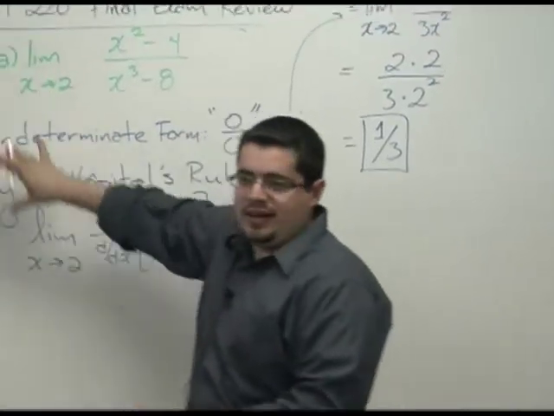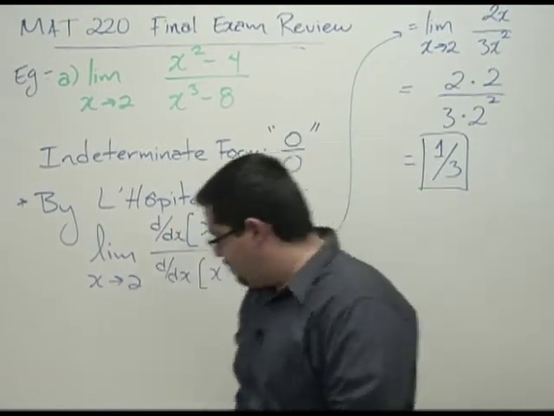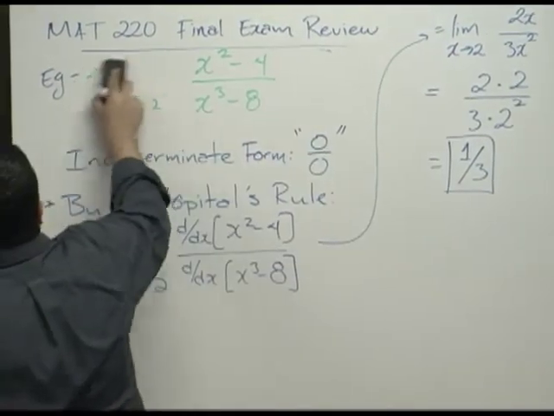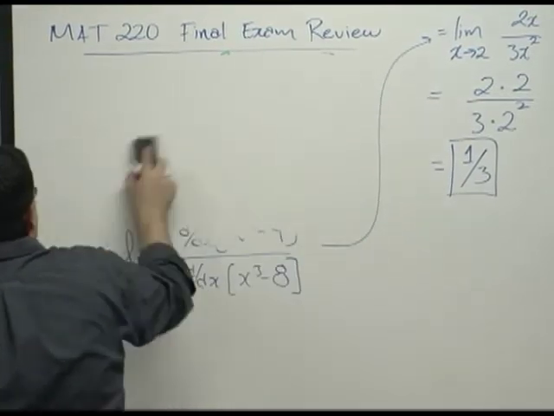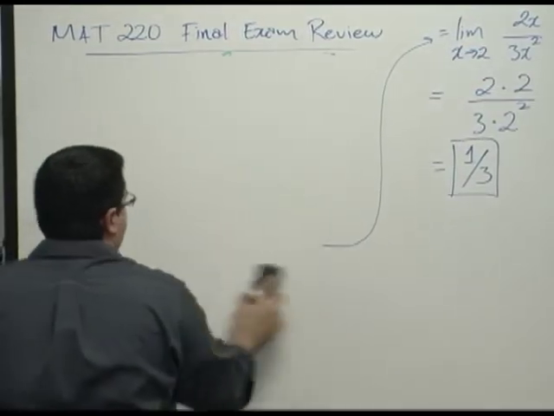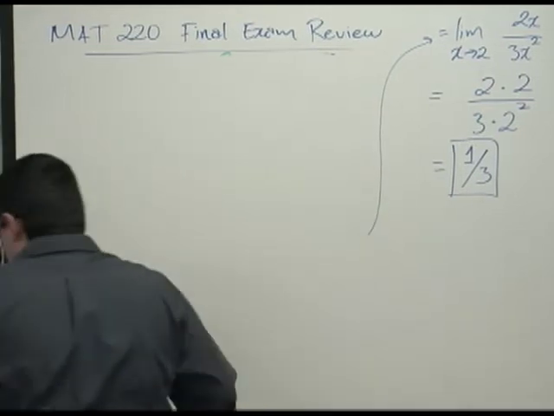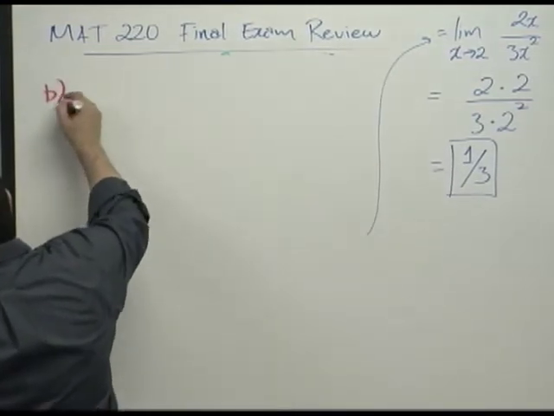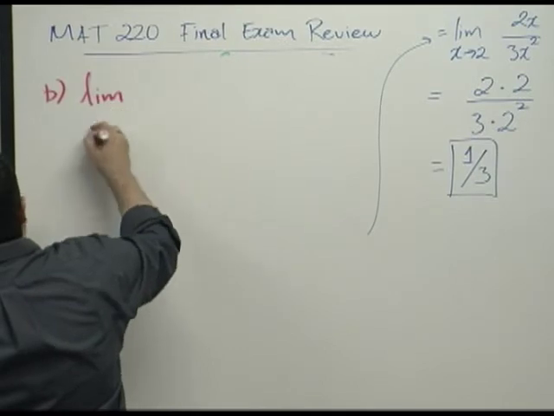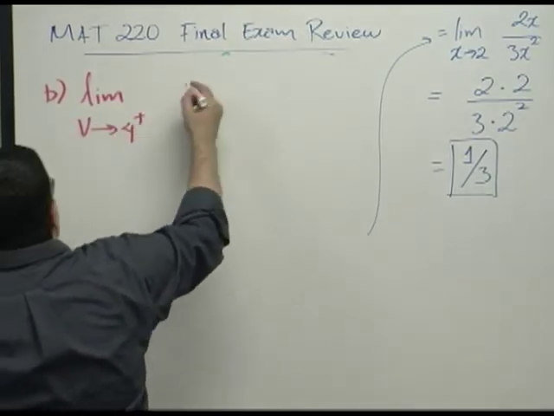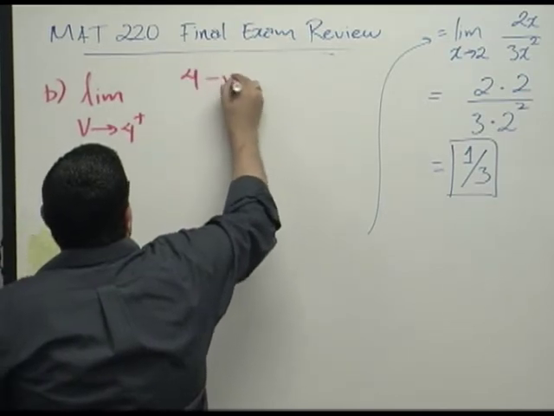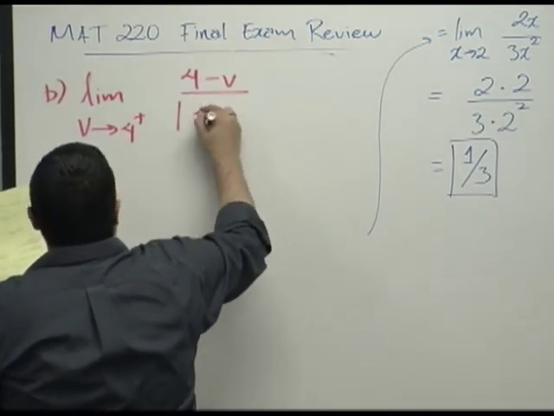Okay, so in this case, you're looking at the limit as v goes to 4 from the right of 4 minus v over the absolute value of 4 minus v.